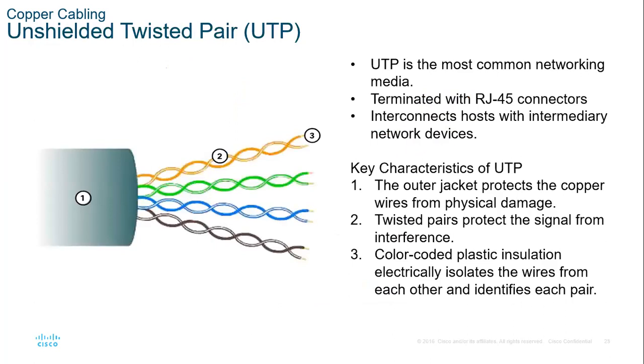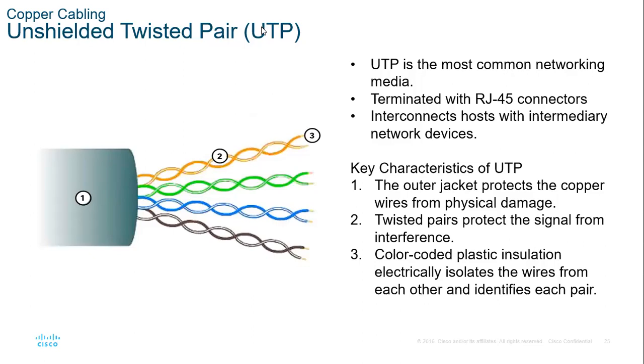First one is UTP, unshielded twisted pair cables. As you see, there are four colors of wires in UTP. UTP is the most common networking media, terminated with RJ45 connectors, and interconnects hosts with intermediate network devices.